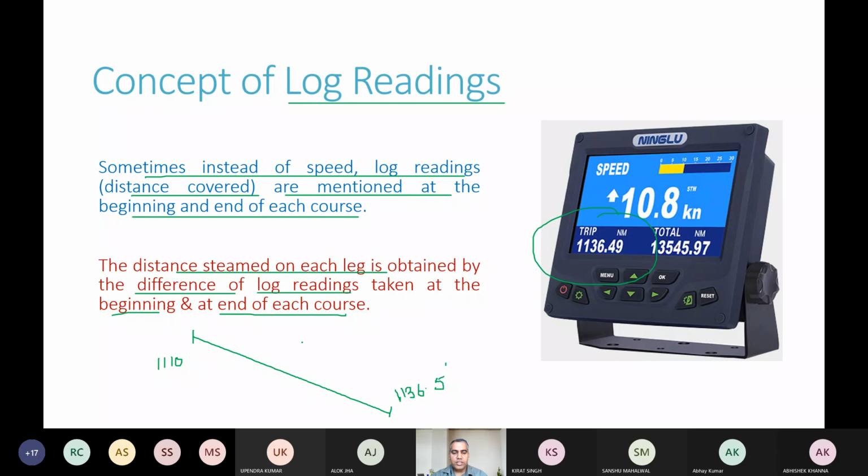Okay. So what will be the distance covered on this leg, beta? 26.5. Very good. The distance covered would be 26.5. So sometimes we are provided with log readings. This is how we find out the distance steamed on particular legs.